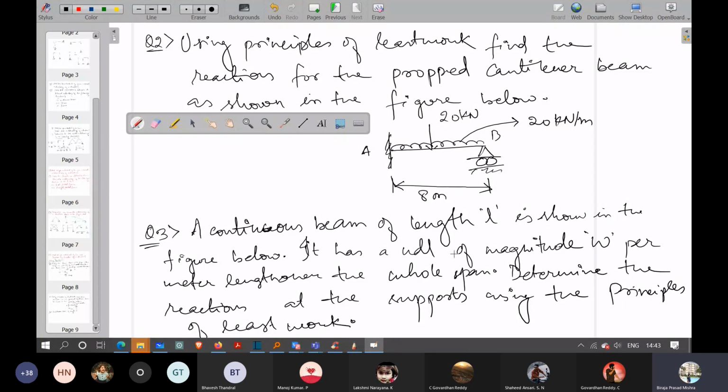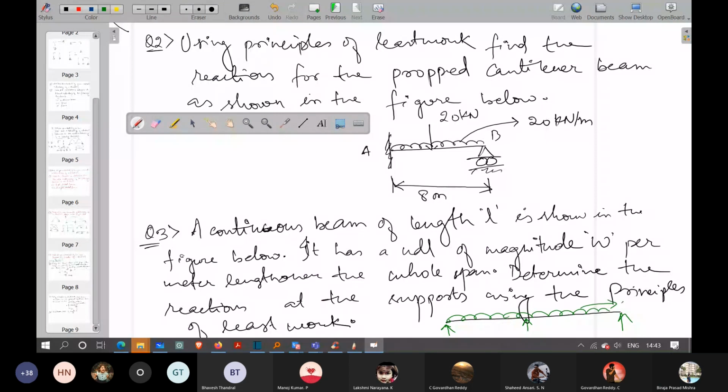Okay, so how does the structure look like? The structure looks like this. So here we have one support, here we have another support, here we have another support, and this one is a UDL.